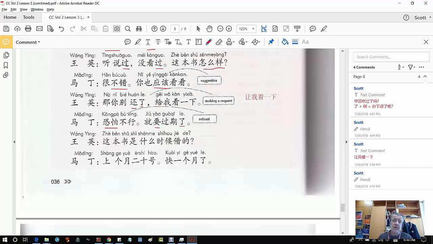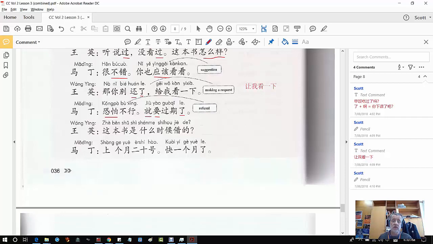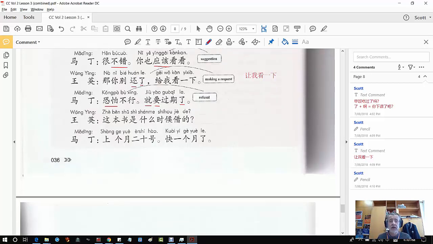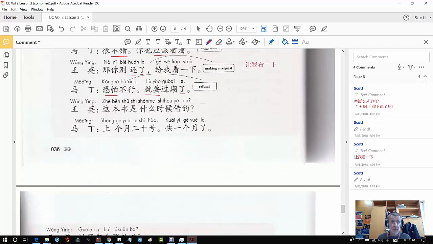And if you want to emphasize that immediacy even more, you can add a 就 in front of the 要, 就要 verb, and then the 了, 就要过期了. So it's about to become overdue. And the 了 there again expressing that idea of a change of state. So it's not overdue yet, but it's going to become overdue.